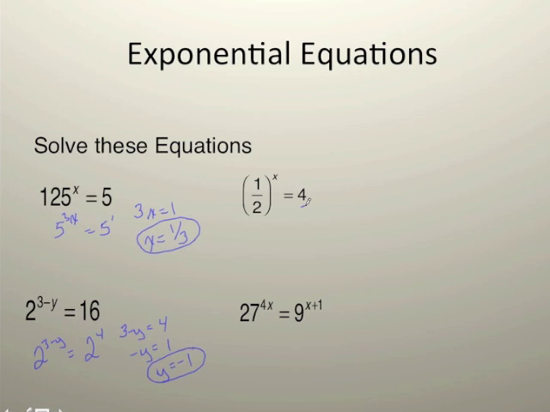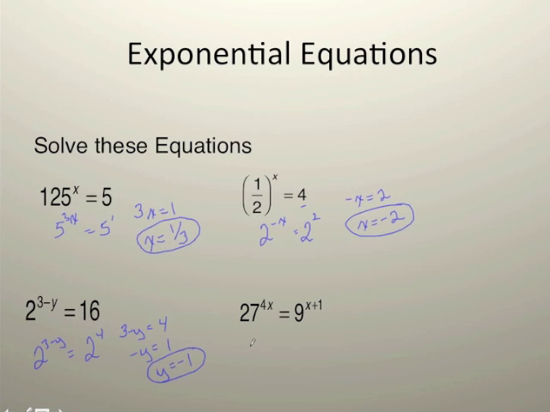Let's change this to 2. I'll make it 2 squared. And this, we could flip it and make it 2 to the negative x. So now bases are the same. Negative x equals 2, and x equals negative 2.